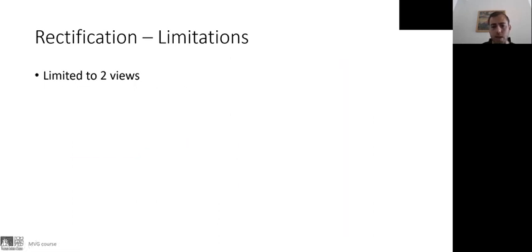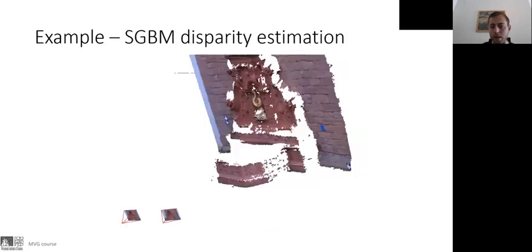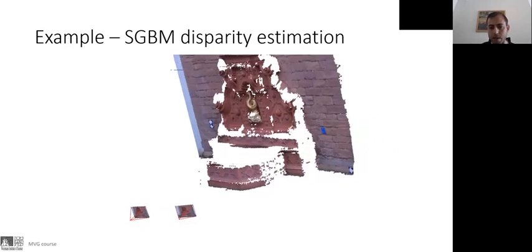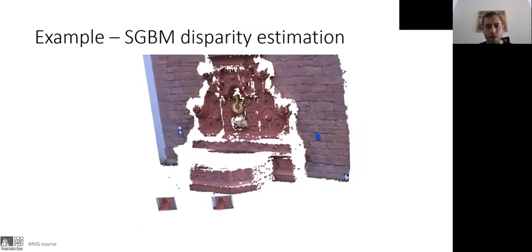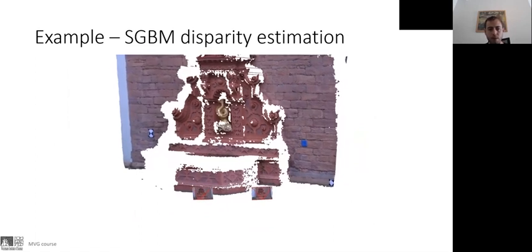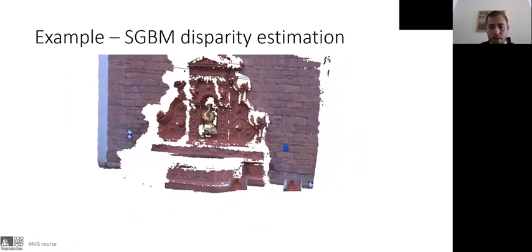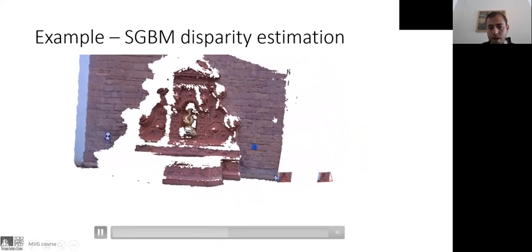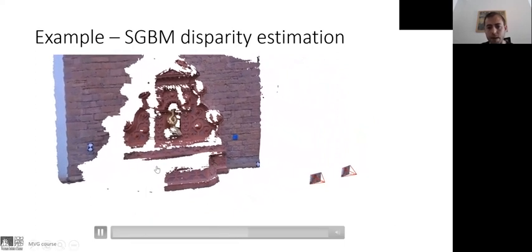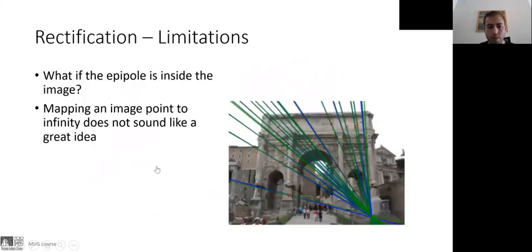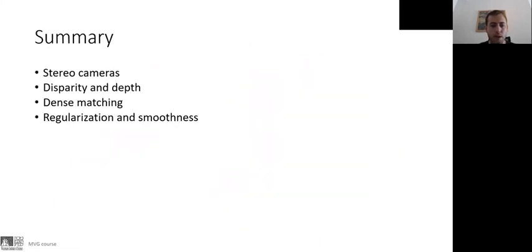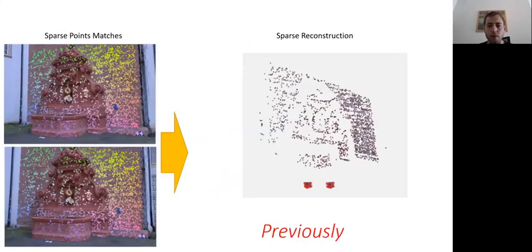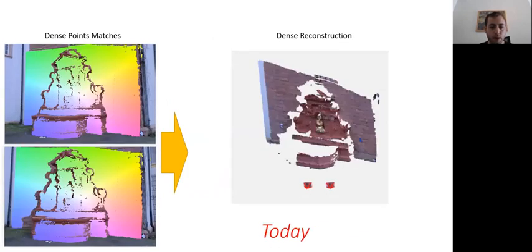I just used the images, extracted cameras and rectified them, and SGBM, which is not state of the art, gives us a very nice result. There are still some missing parts and some errors, but we get a much denser reconstruction than before. That's what we had before and that's what we have now. So we got a much denser reconstruction.